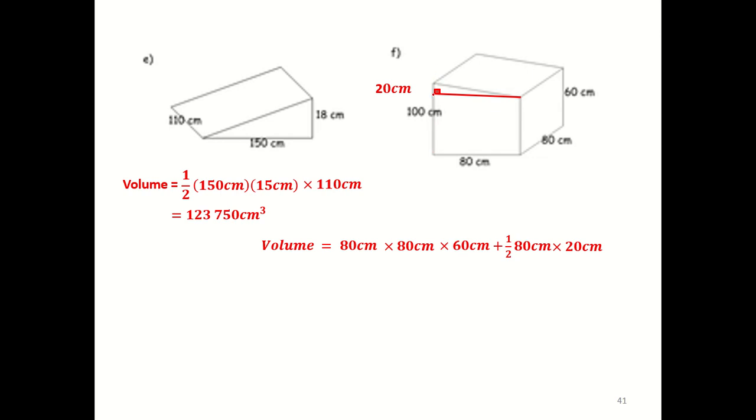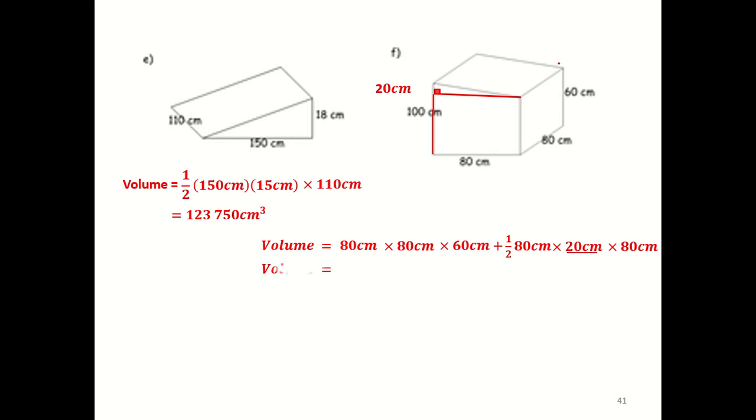I'm going to subtract the height from there up to, which is 60, hence I'll be left with 20. So the height of that triangular prism will simply be 20. That's why I have 20, and then you're going to multiply it by the height of the prism. The height of the base, the triangular base, is 20 centimeters, and the height of the entire prism will be 80 centimeters.